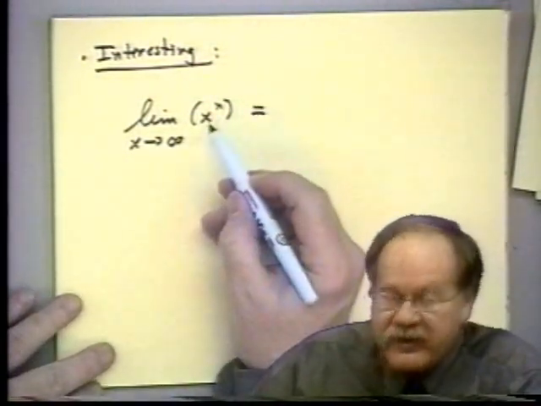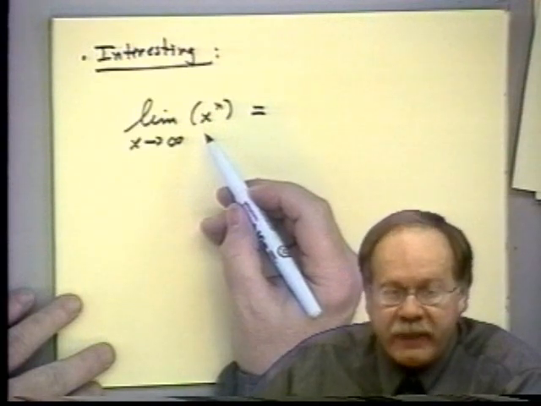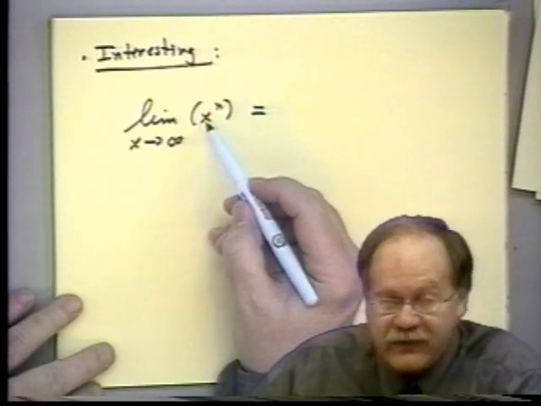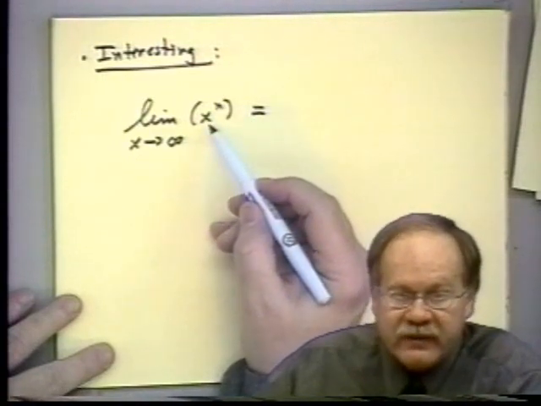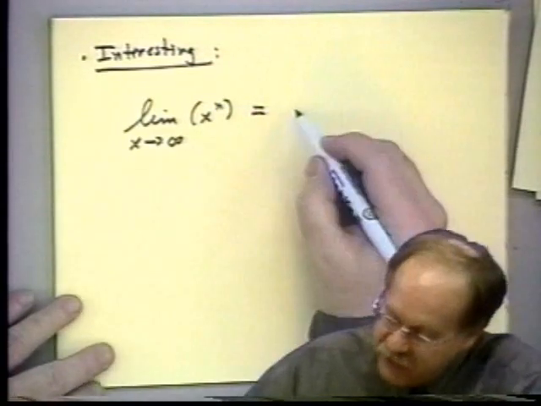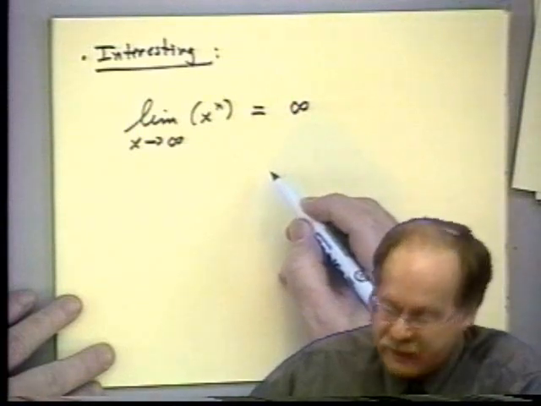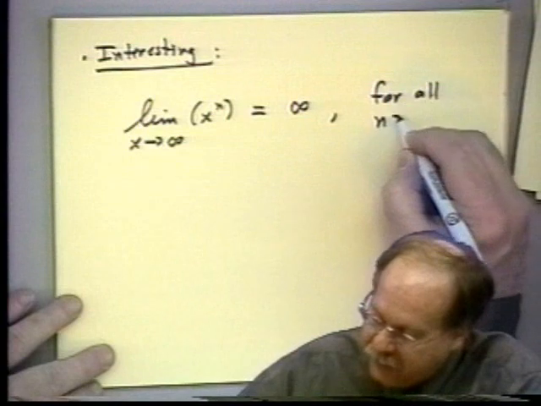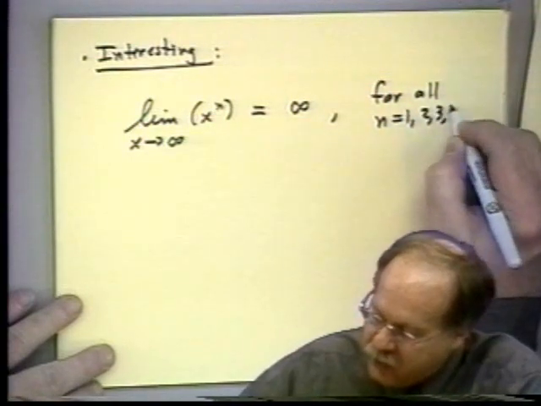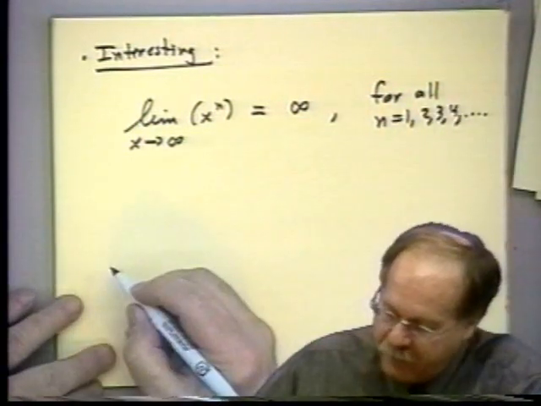What is happening? X is getting larger and larger in the positive direction. So x is eventually positive, and so whatever n is, this is going to be a positive number that's growing, which means this should go to infinity, and it does. And this is true for all values of n equal 1, 2, 3, 4, and so on.